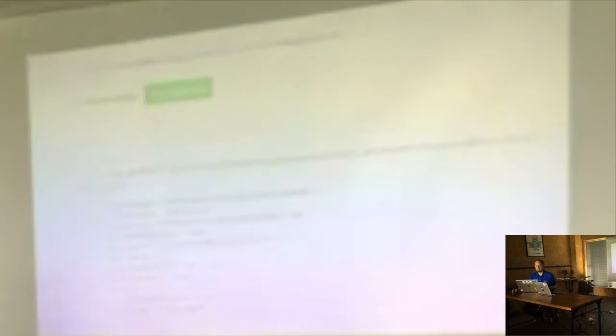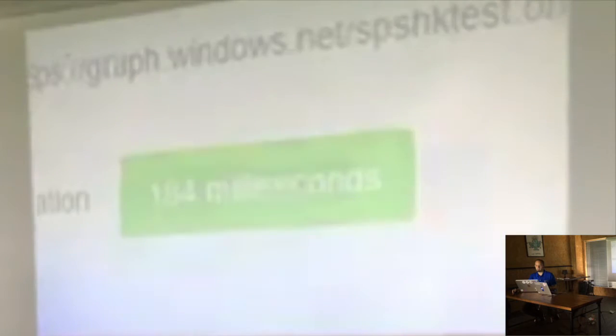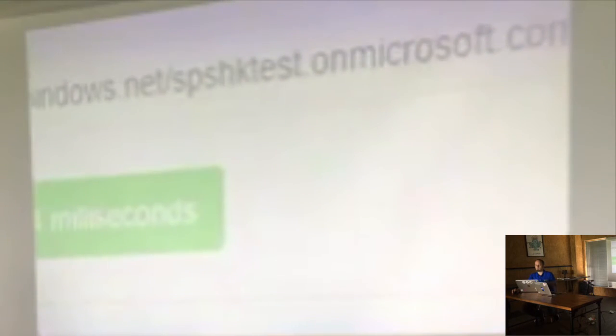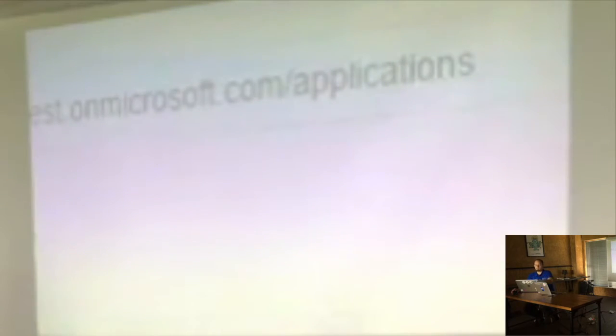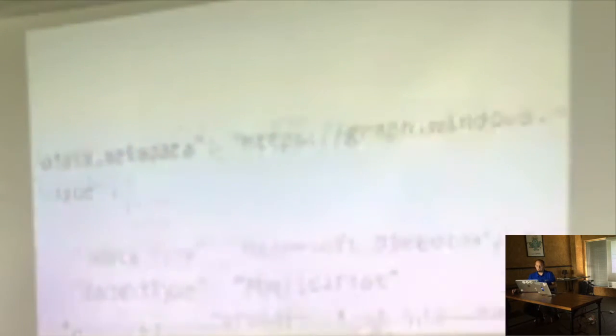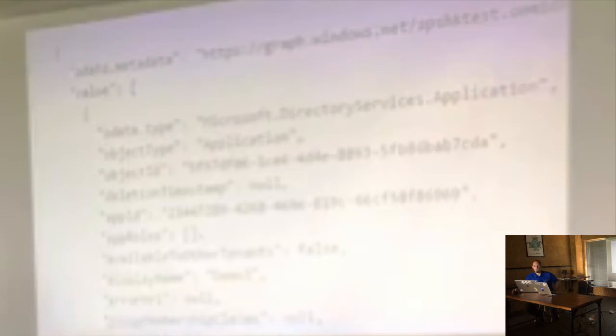For example, I can list all the applications. Okay, you see here I have the graph Windows.NET SPSHK test, that is my domain on AAD/applications. What I have is the result with all the details about my application and a lot of things that are not shown on the portal.